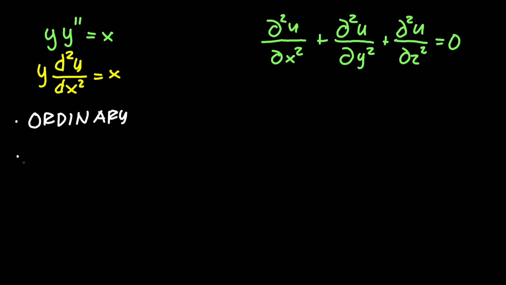Next up, to identify whether it is linear or nonlinear. So we can already see here that it is nonlinear because a variable was multiplied by a derivative. You can see here, y multiplied by y double prime. A variable was multiplied by a derivative. So that makes it nonlinear automatically.